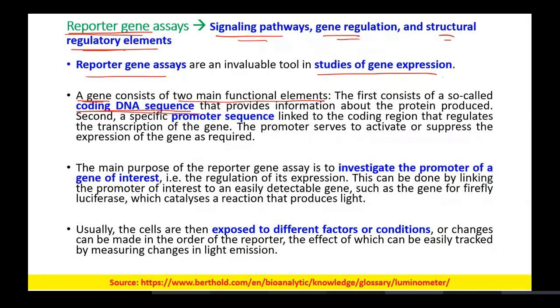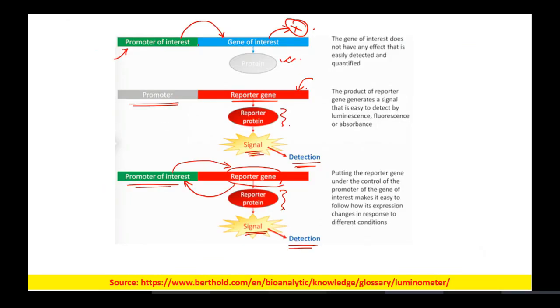Second, a specific promoter sequence linked to the coding region that regulates the transcription of the gene. Now, this promoter is affecting the activity of the gene of interest to produce or synthesize the protein.